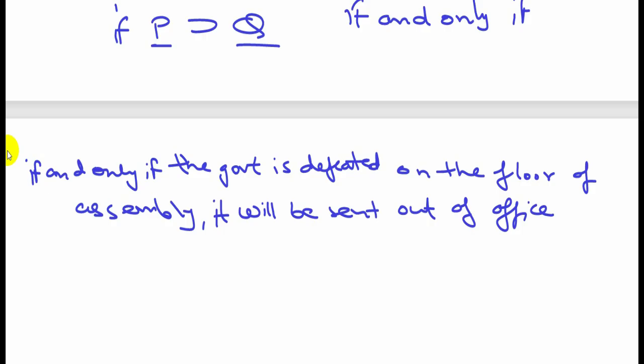Now, the minor premise denies the antecedent. It says the Congress government in Bihar has been sent out of office.